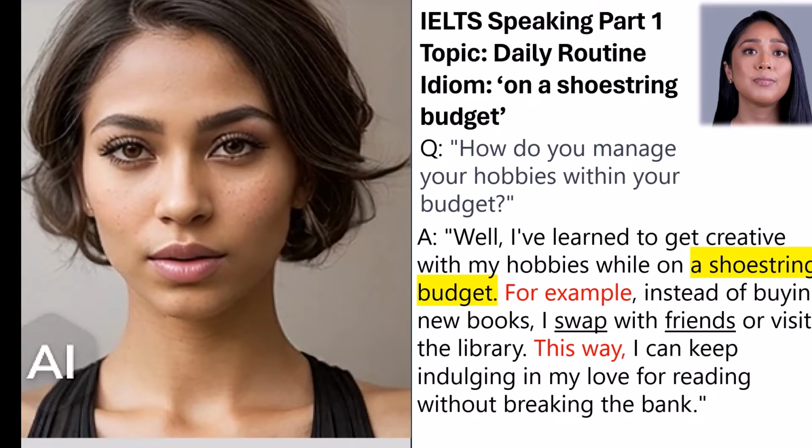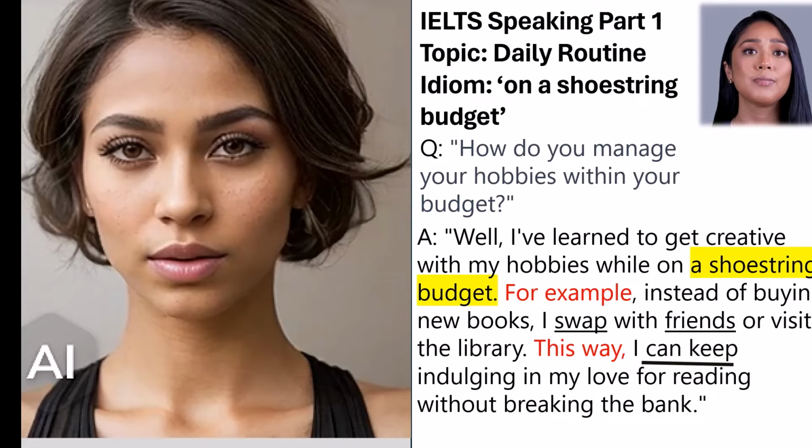The idiom "on a shoestring budget" is appropriately used to convey managing hobbies with limited financial resources, addressing the question about budgeting for hobbies. It shows a high level of language proficiency and the ability to use idiomatic language effectively, which is necessary for a Band 9 score in the IELTS speaking test. The response integrates a conditional approach, as swapping books is dependent on budget constraints.